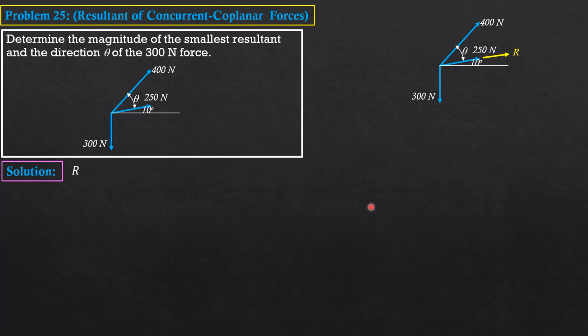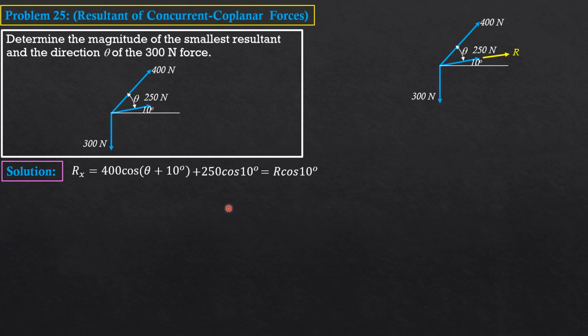So Rx is equal to 400 cosine of quantity theta plus 10 degrees, plus 250 cosine of 10. Only those forces have x component, both positive, then equated to the x component of R, which is R cosine of 10 degrees.